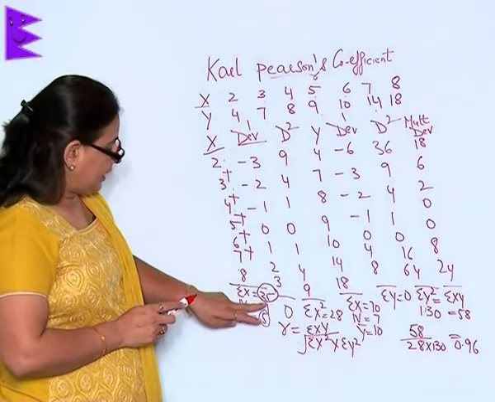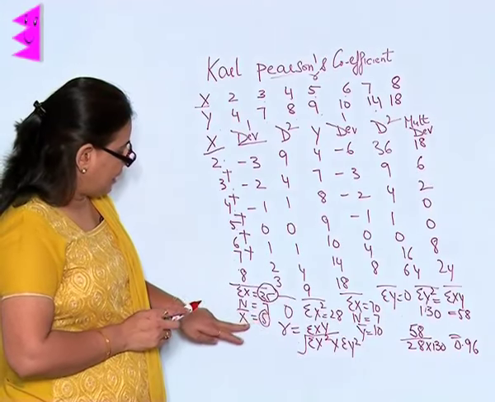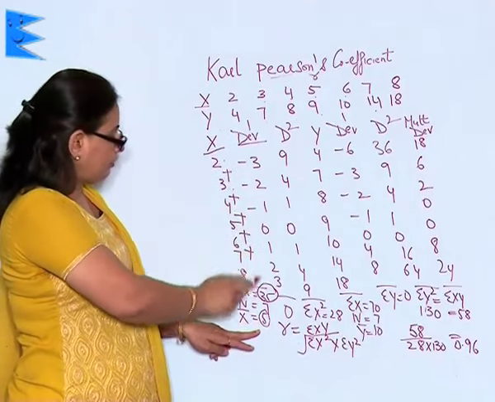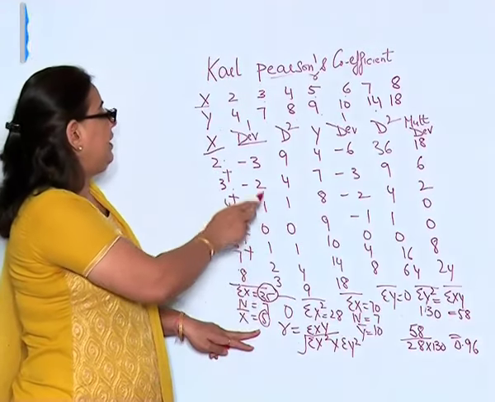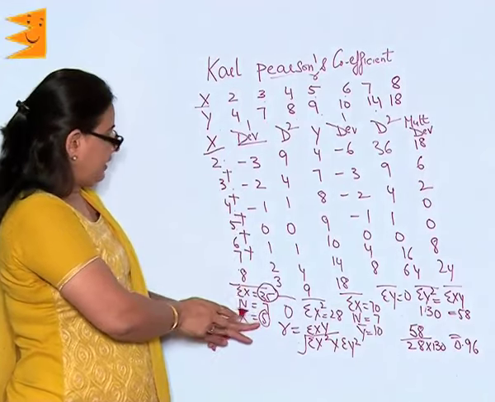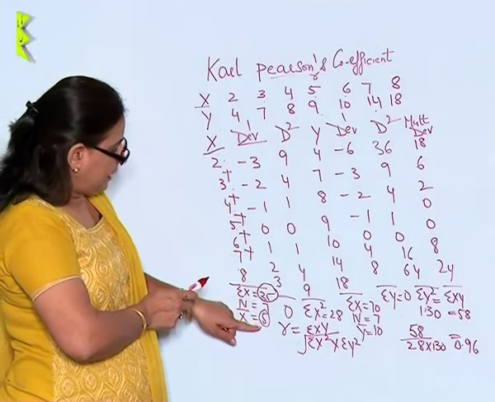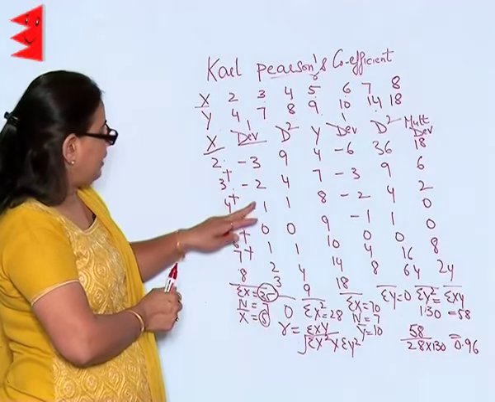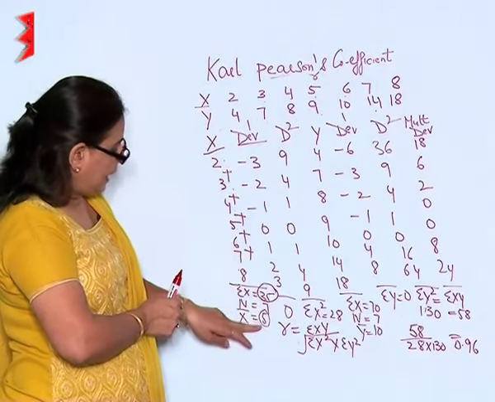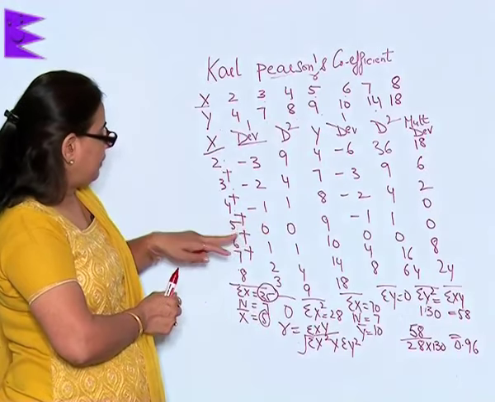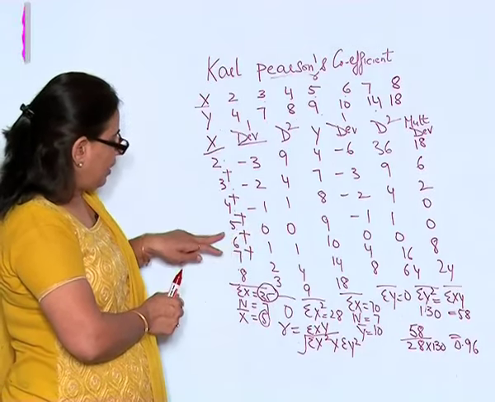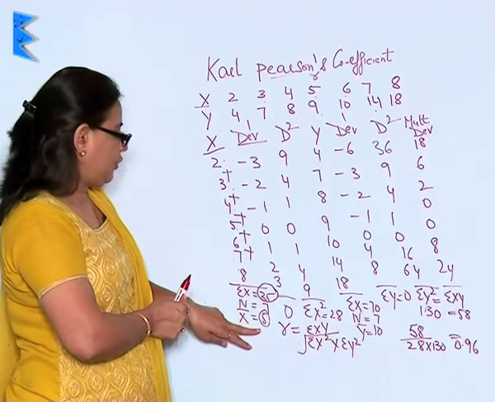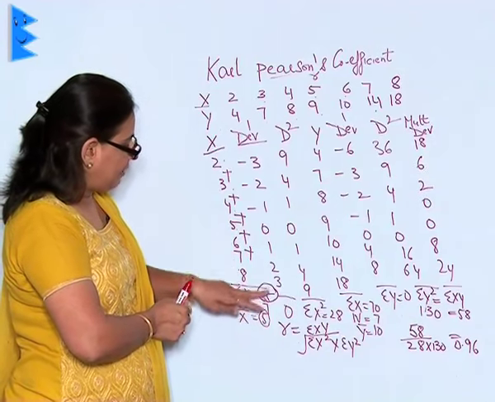My sigma x is 35, the number of observations is 7 and the x bar is 5, which means the deviations which I draw are: 2 minus 5 gives me minus 3, 3 minus 5 is minus 2, 4 minus 5 is minus 1, 5 minus 5 is 0, 6 minus 5 is 1, 7 minus 5 is 2 and 8 minus 5 is 3.